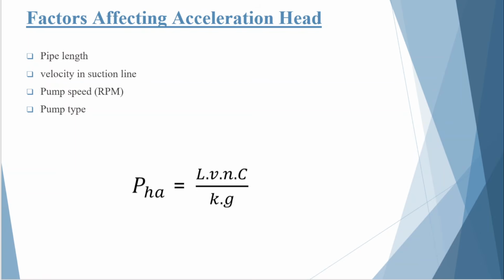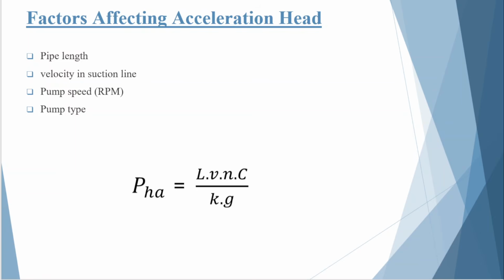As pump speed increases, piston acceleration increases rapidly. Because acceleration is proportional to the square of angular velocity, even a small increase in RPM can produce a much larger increase in acceleration head. This is one reason why high-speed reciprocating pumps require more careful hydraulic design.